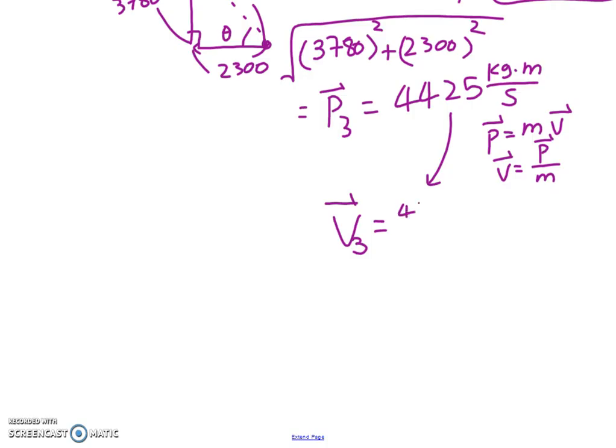So if you do 4,425 divided by the mass of the third piece, and if you wonder how you get the mass of the third piece, well, originally the bomb was weighing 120. I had 46 kilo and I had 27 kilo. You will get the conclusion that it's actually 47 kilo that is left over.